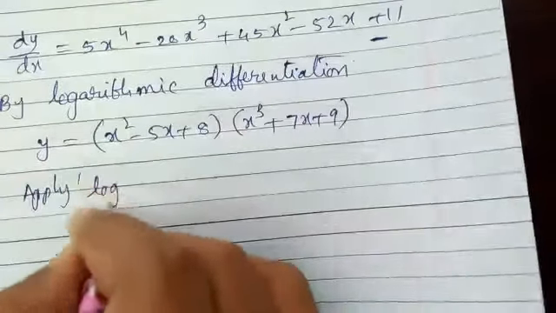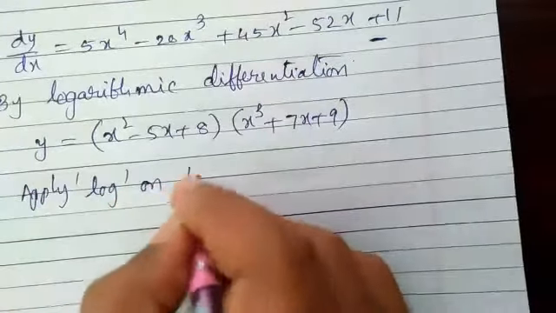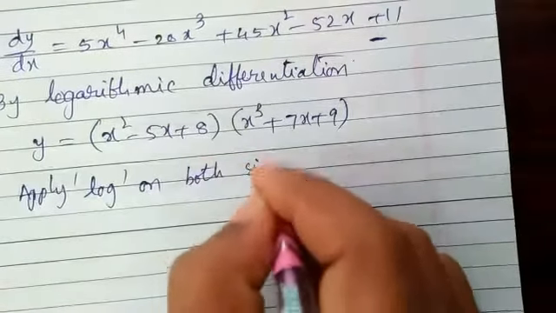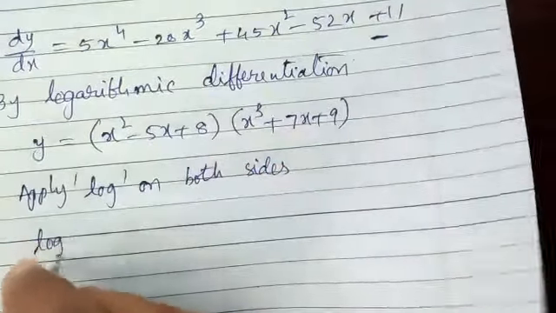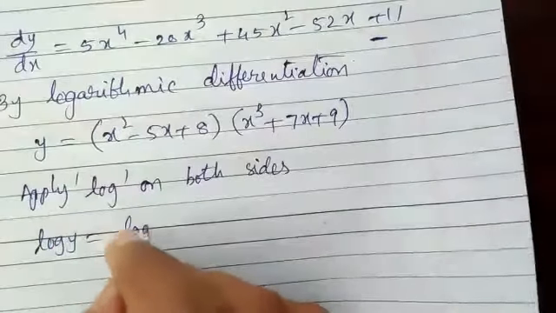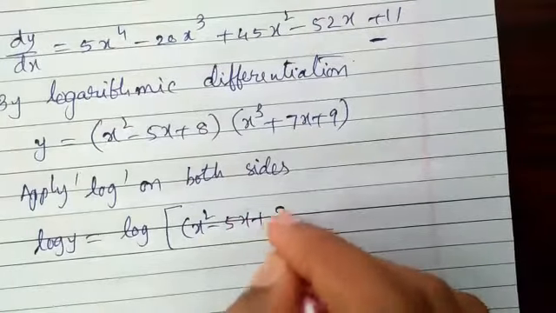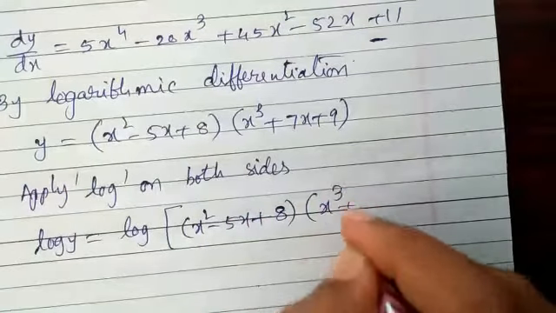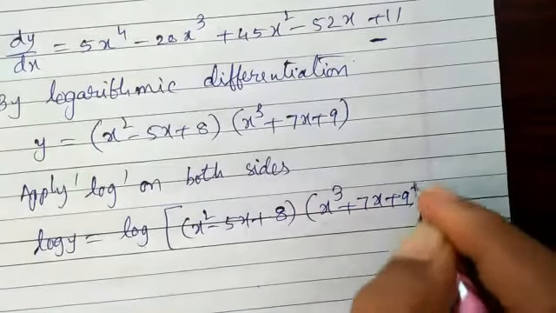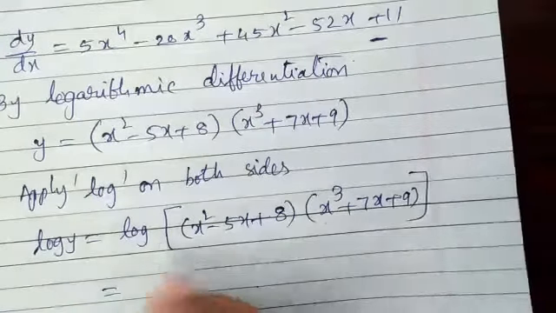Apply log on both sides. Log y is equal to log of x square minus 5x plus 8 into x cube plus 7x plus 9. This is the log of AB.